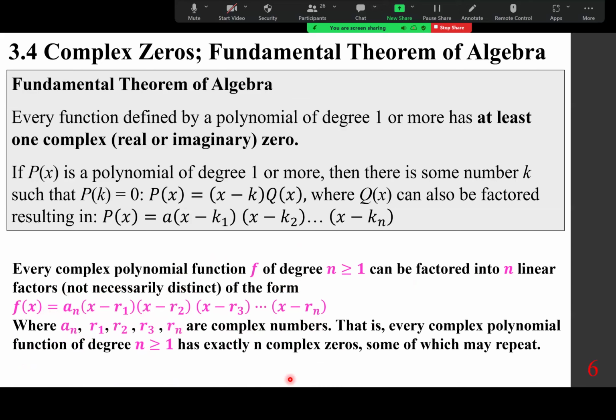That is, every complex polynomial function of degree n larger than or equal to 1 has exactly n complex zeros, some of which may repeat. And that repetition is really important to understand when we say we have n zeros. If something repeats, the multiplicity counts.